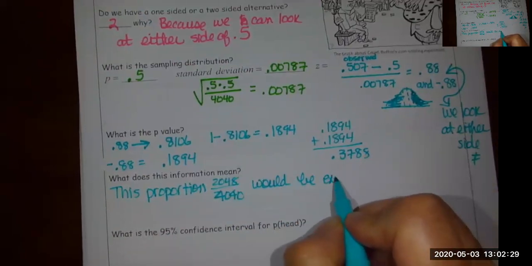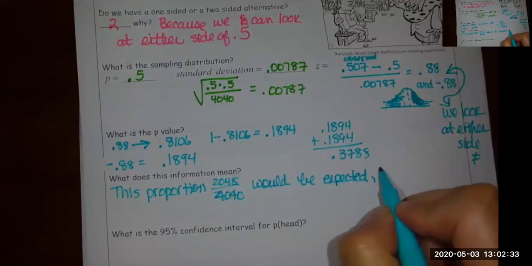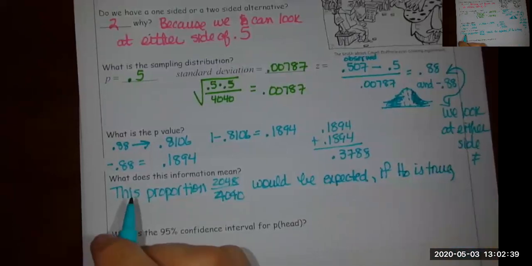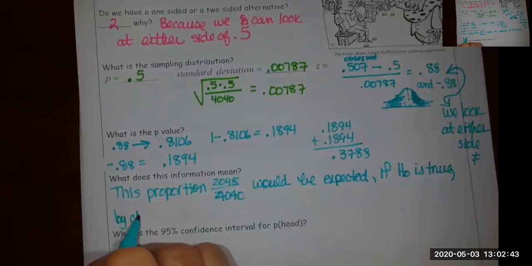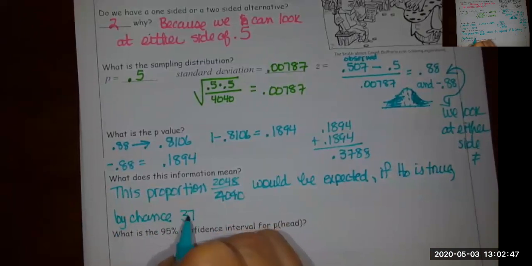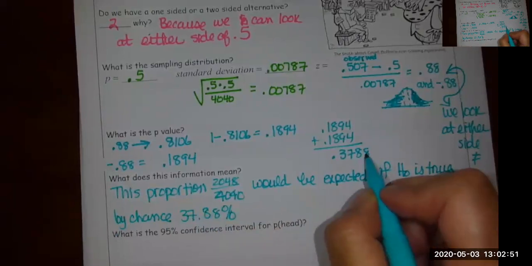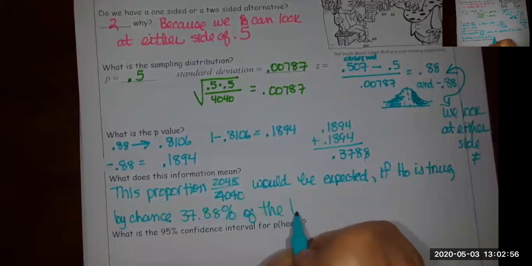Would be expected if H0 is true. So it would be expected by chance 37.88% of the time.